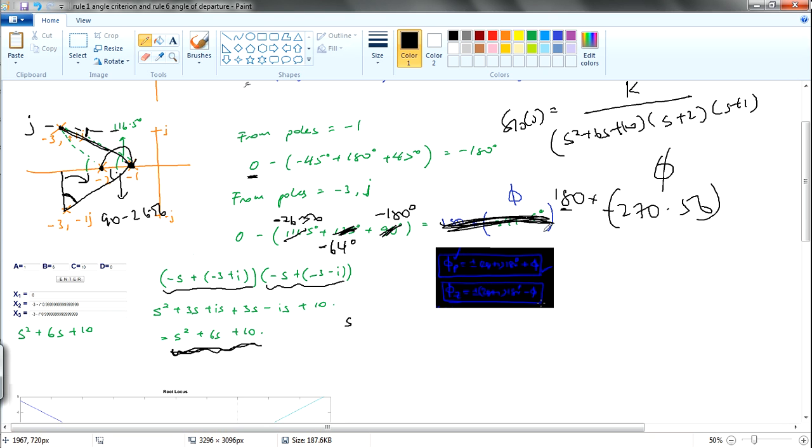Our phi angle is taking all the angles from all the poles and zeros, and then you're trying to locate the point over here through angles. So you're taking this angle and this angle and this angle. You are giving an angle-defined point. Let me repeat again: you're defining this point with angles.